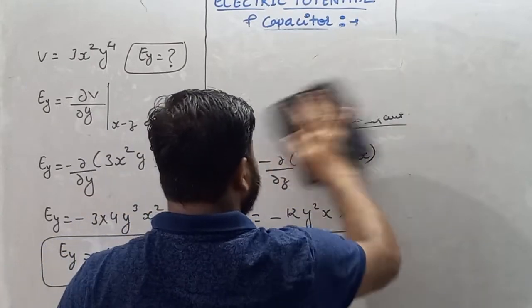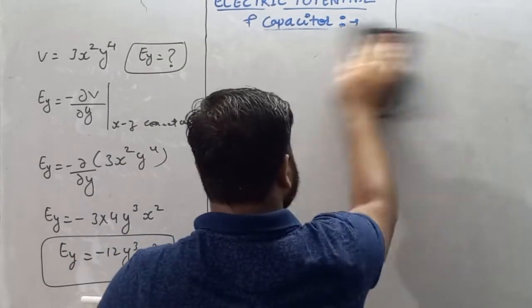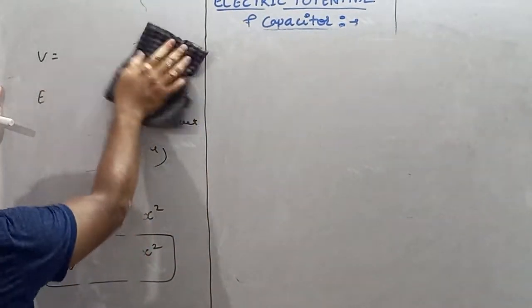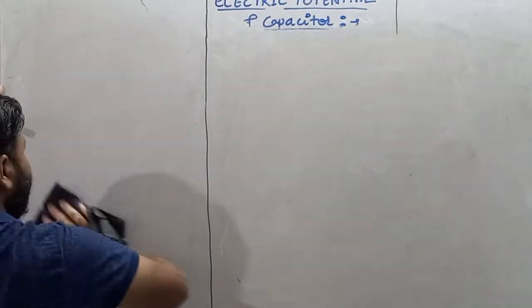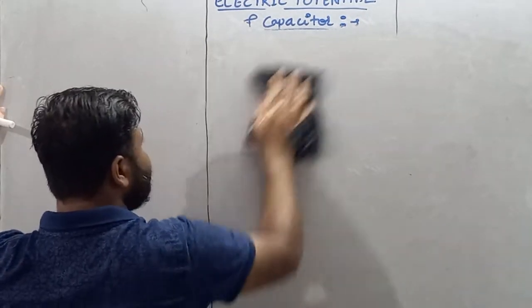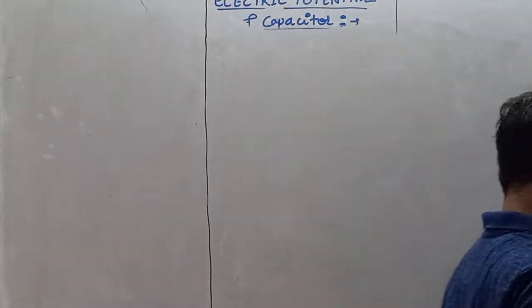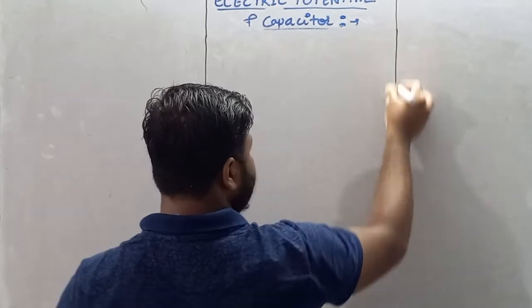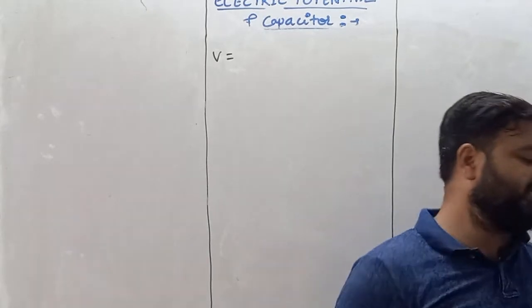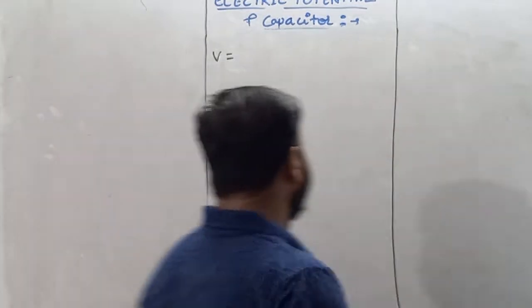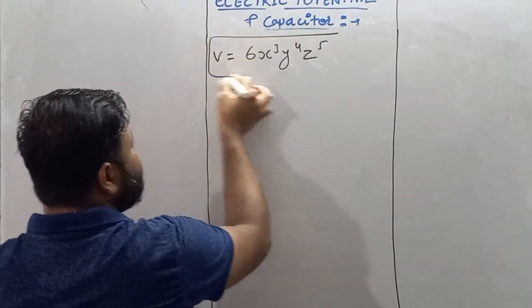If the value of electric potential is given by the equation V is equal to 6x cube y raised to the power 4 z raised to the power 5.